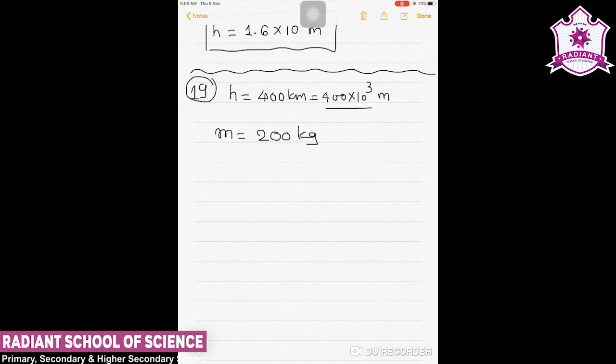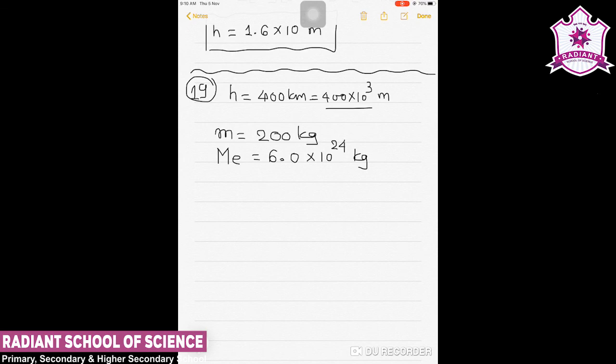Mass of earth is as usual 6.0 into 10 to the power 24 kilogram.